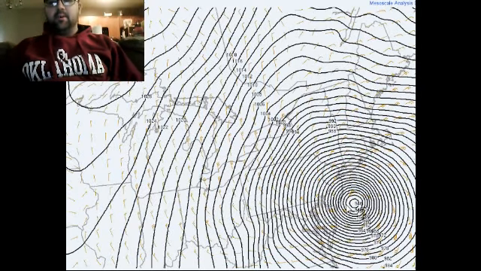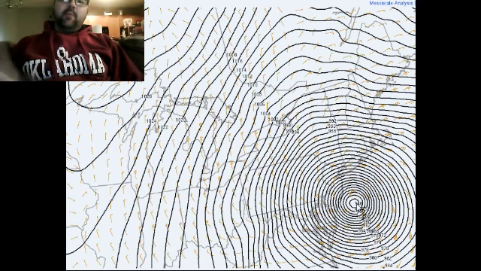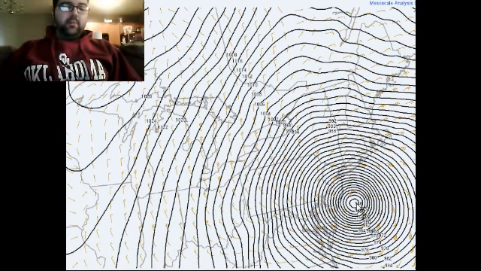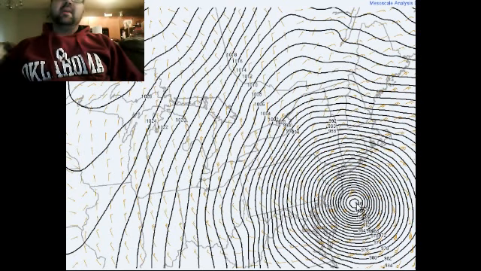Taking a look, this is the pressure gradient. These are isobars, all these lines, and it's a measure basically of the pressure gradient, and at this time we were at a 946 millibar low. Right now we're at 940, so it's dropped 6 millibars in just a few hours. Basically, how we measure air pressure in the atmosphere is by millibars, and just to give you a general idea, normal air pressure at sea level would be 1,002 millibars.